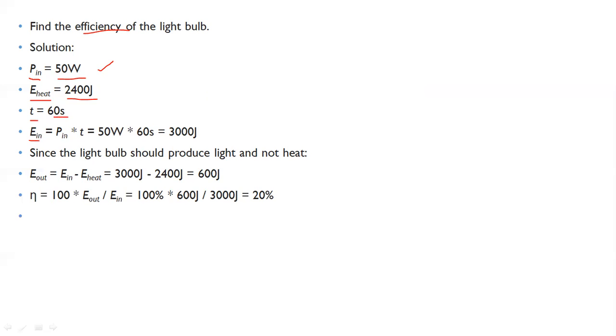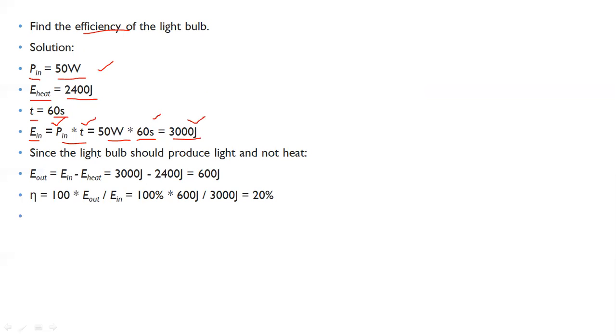So the energy input will be power input into time; power multiplied by time will give you the energy. So E input is equal to 50 watts into 60 seconds, which is 3000 joules.